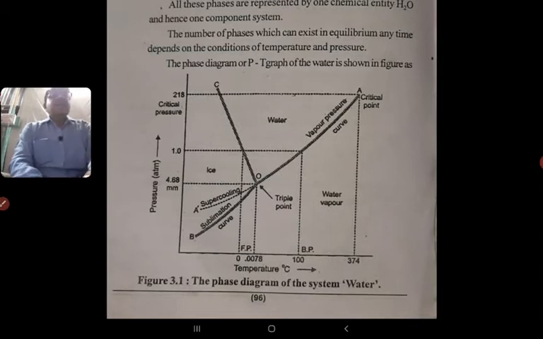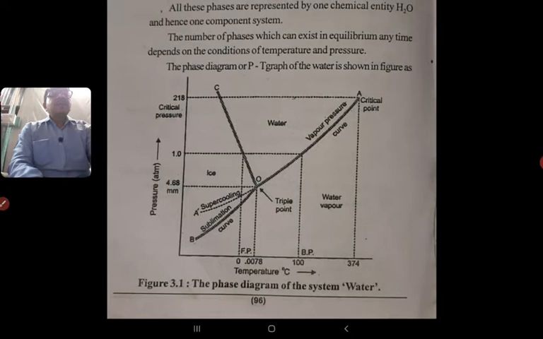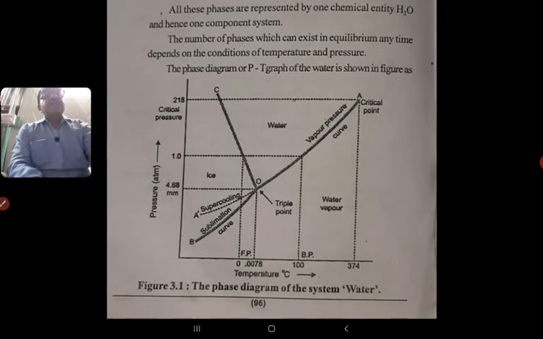The phase diagram, or PT graph, of water is shown in the figure. As we see on the screen, different dotted straight lines are shown here. So first of all we have to draw the phase diagram of the water system, the plot of pressure versus temperature.